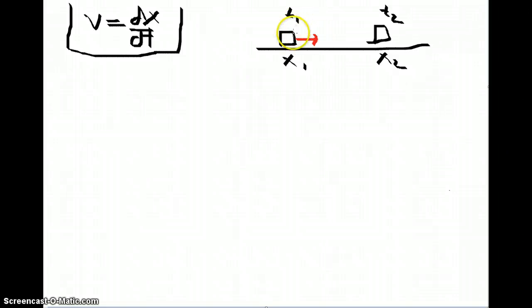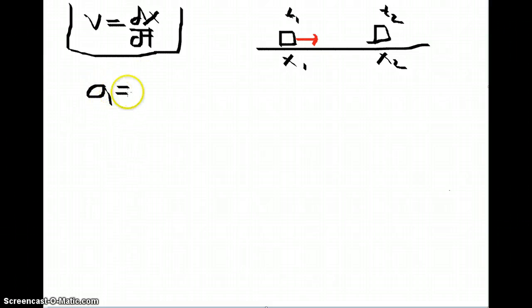So if this box, say somebody is pushing on it, started at rest, it would start to accelerate to the right because somebody's pushing on it. Some constant force, giving it some constant acceleration. Then after t2, maybe it reaches its final velocity. We stop pushing on it, but we're interested in how fast the object might be moving, and how acceleration is related to all this. So, what is acceleration?